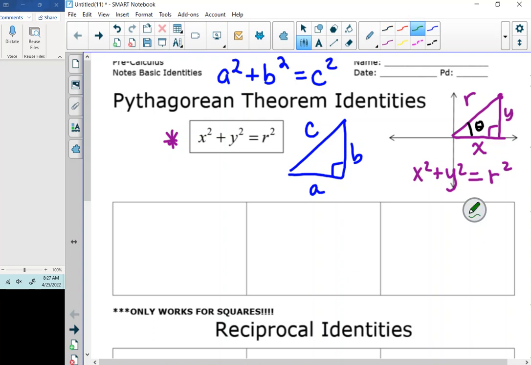And the other thing we learned, from this triangle, is that when I talk about the sine of theta, if I look over here at my triangle, in the spirit of SOHCAHTOA, sine is opposite over hypotenuse, which means y over r.